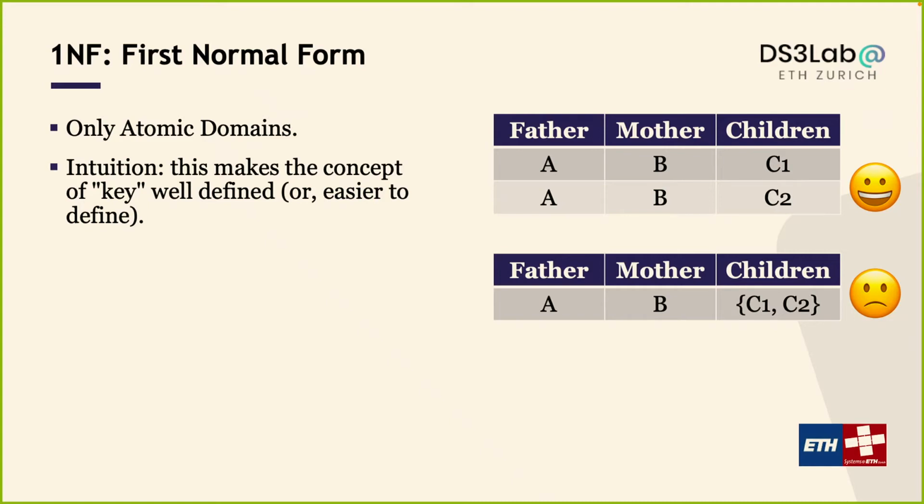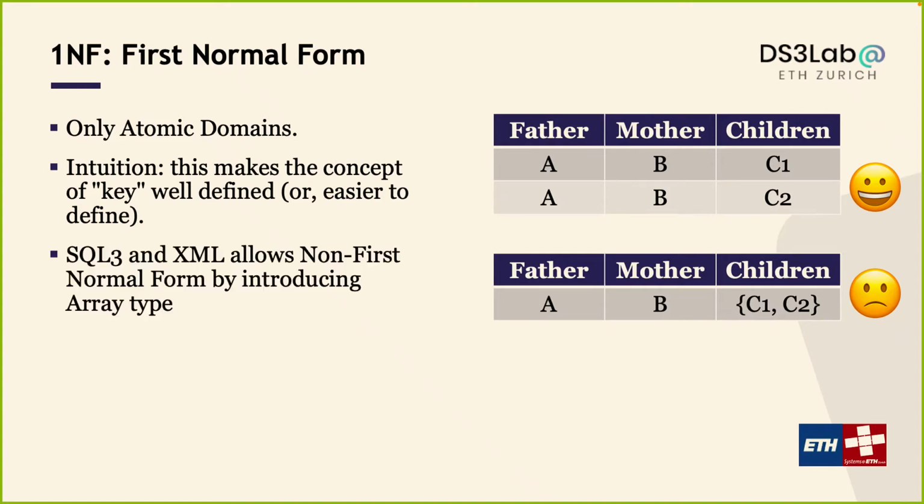If you think about why, the reason that we want first normal form is that we want the notion of key to be easier to define. Whenever you have this set value, you cannot really define keys in the way that we have been doing so far. But again, there are a lot of data models that give you the capacity to produce a schema that's not in first normal form.